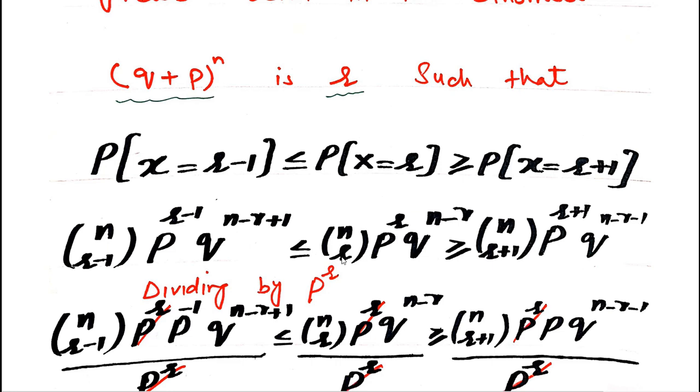Similarly nCr p power r q power n minus r is greater than or equal to nC(r plus 1) p power r plus 1 q power n minus r minus 1.